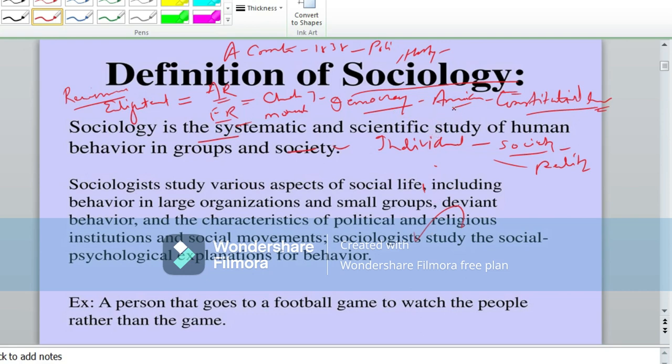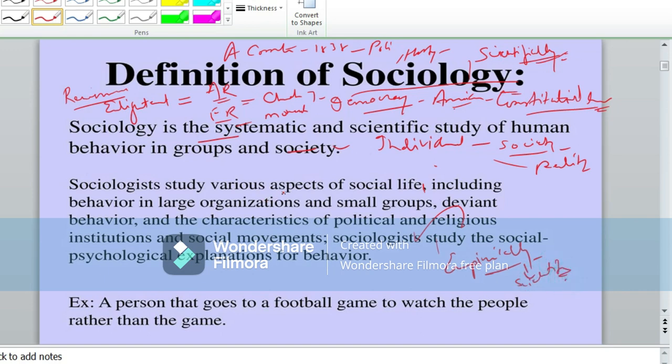So to study these phenomena scientifically, there should be a separate discipline. In that period physics was very popular, so on the same line they started establishing sociology as an empirically verifiable subject, scientifically proven by fact.